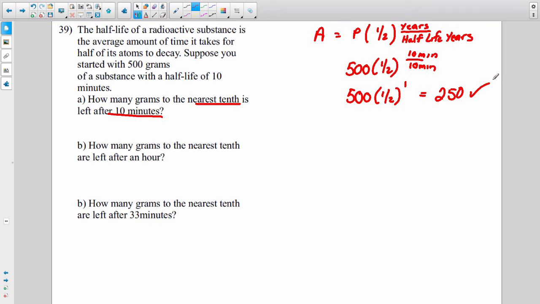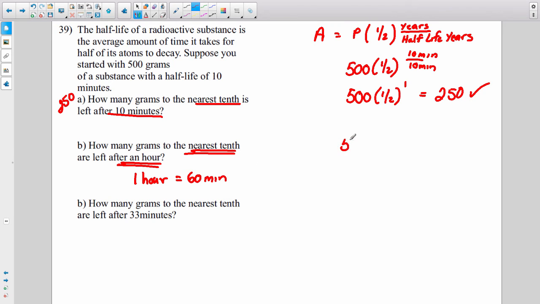Nice. Okay, question B. How many grams to the nearest tenth are left after an hour? That's tricky. They're saying hour, we're talking minutes. So there needs to be a conversion so that when you make your fraction, you have the same units, right?